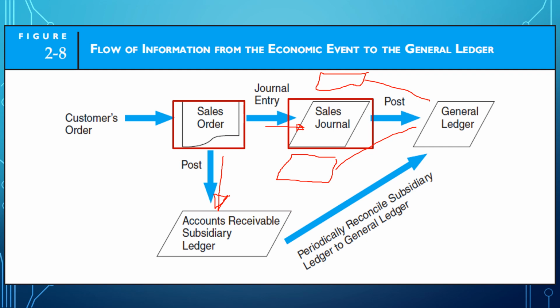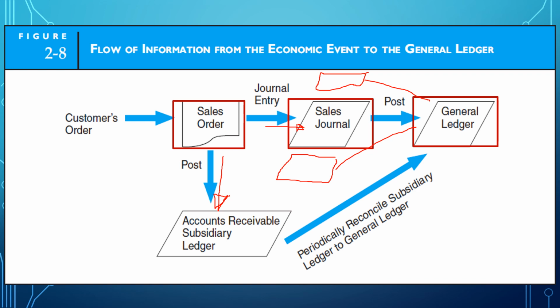And then from time to time, systematically and periodically, we reconcile the subsidiary ledger to the general ledger as one of the techniques for the internal audit or the audit trail. So in a simple way, the general ledger is a book of accounts that reflects the financial effects of the organization's transactions as they are posted from various journals.